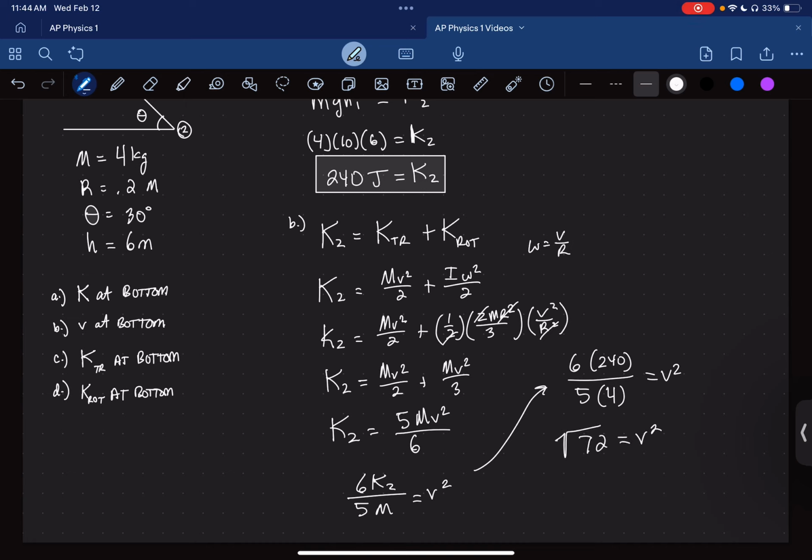We take a square root. And so this is, oh, I forgot what this is. Let's type this in here real quick. Sorry about that, phone. This is 8.49.